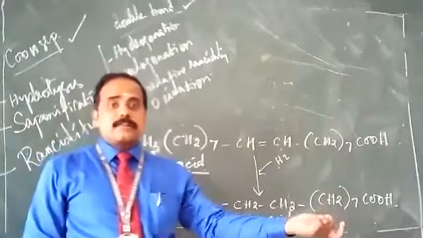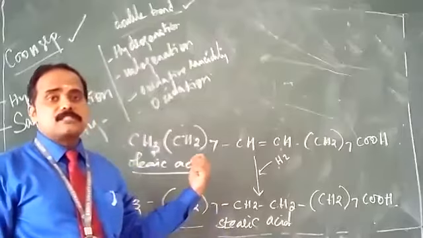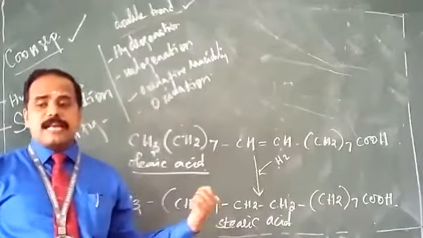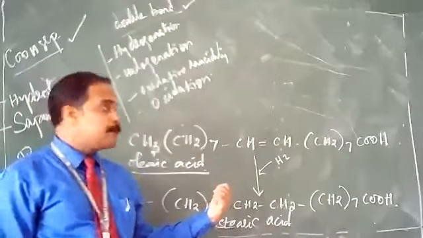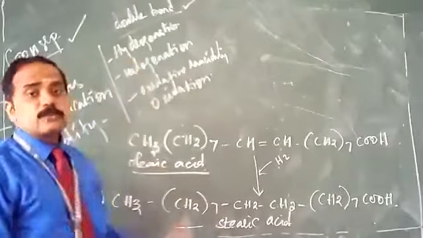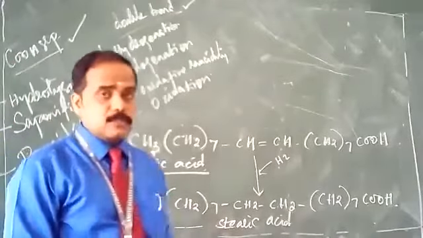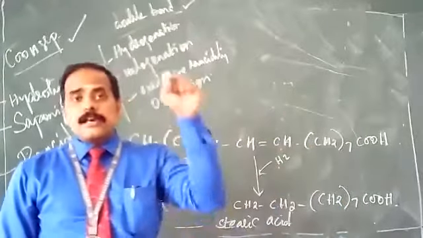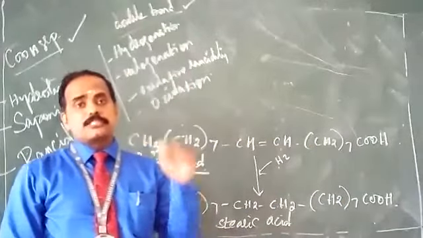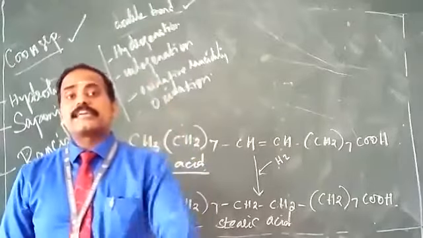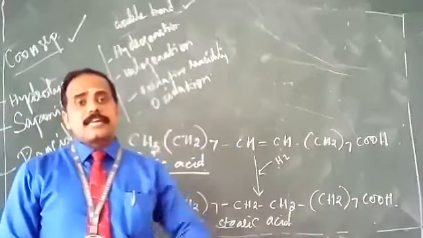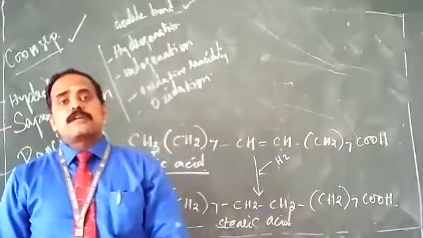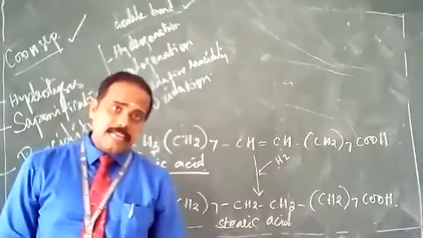The familiar example here is considered to be oleic acid to stearic acid. So that is hydrogenation. We need to know the definition of hydrogenation, and the example for hydrogenation is the conversion of oleic acid to stearic acid, and it signifies the conversion of unsaturated fatty acids to saturated fatty acids.